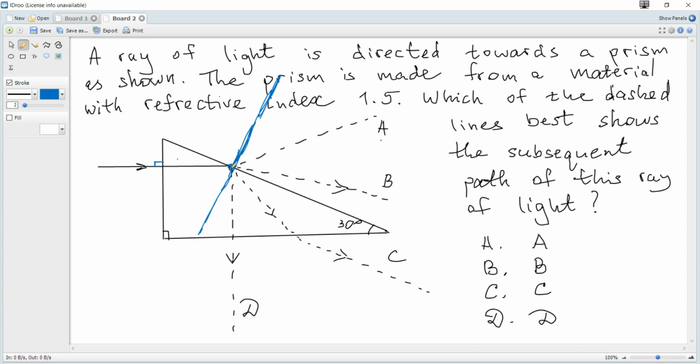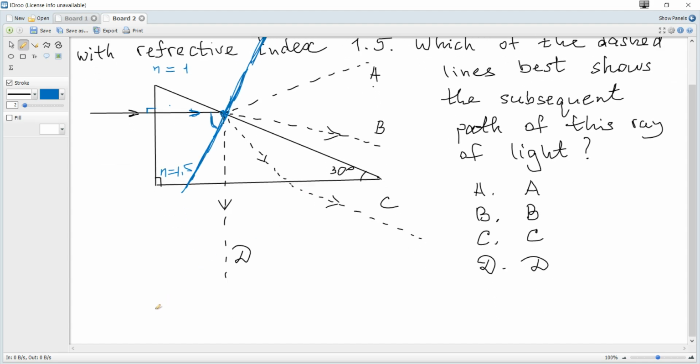It's the normal, and this angle is the angle of incidence, and n is 1.5 here, 1 for air. For air it's approximately the same as for vacuum. Since the ray is moving from a medium with larger refractive index to a medium with smaller, we should check whether total internal reflection occurs here.